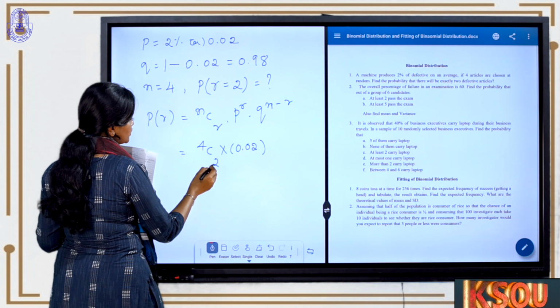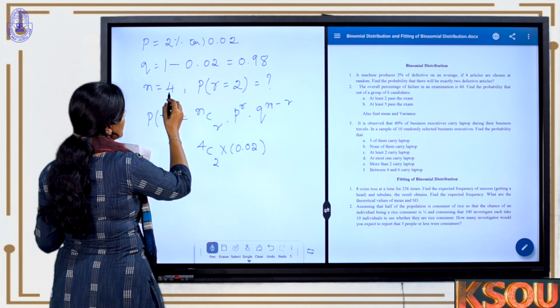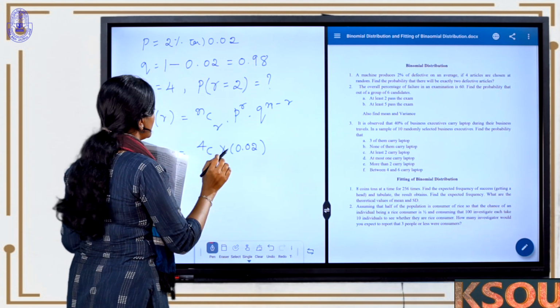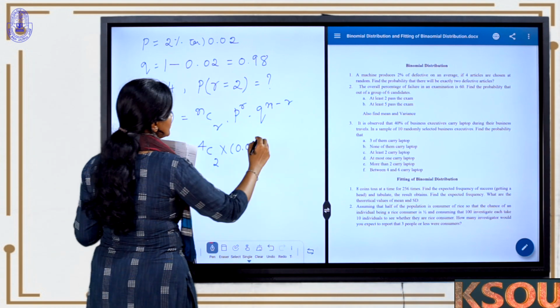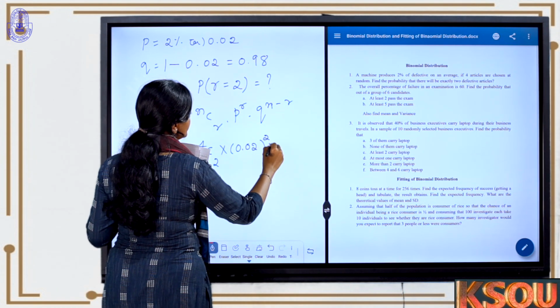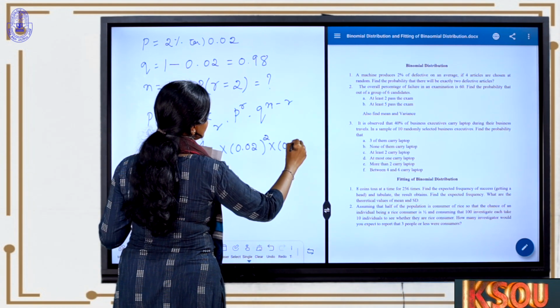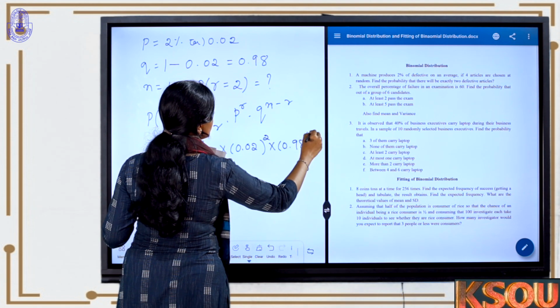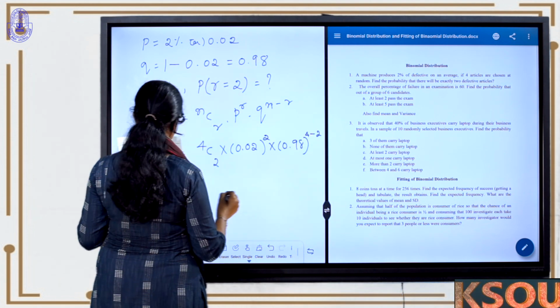That's why we will have to take 2 here. Out of how many defective items you have? 4, okay. To the power of R value 2, into 0.98 to the power of 4 minus 2.